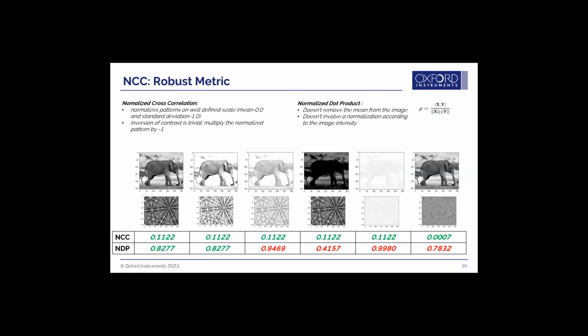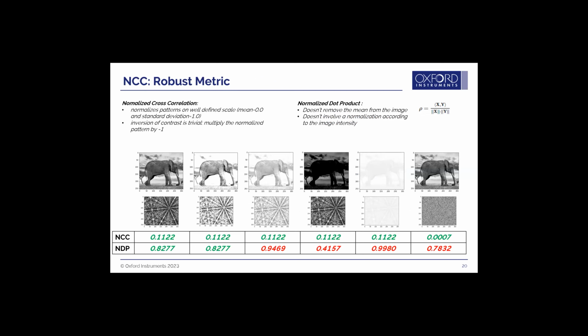But I do want to talk about why we use a normalized cross correlation and not a normalized dot product. This is the example of the elephant again. What we've done in varying degrees, going left to right across, is we've changed the brightness, or we've changed some of the contrast a little bit. Sometimes it's been done to just the image, sometimes to the simulation.